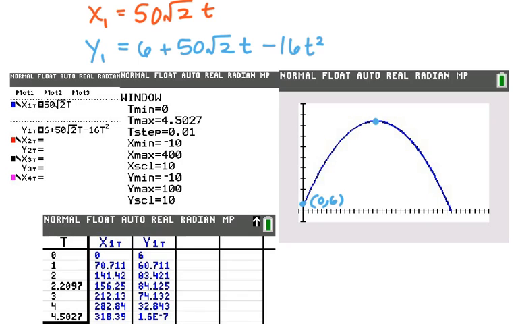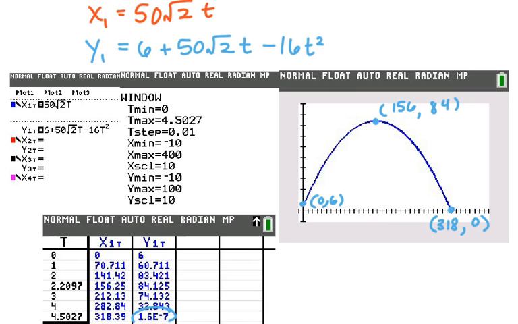So once the ball is at its max height, we know we have traveled roughly 156 feet away, and we are roughly 84 feet above the ground. And then, of course, when we hit the ground at 4.5 seconds, we have a horizontal distance away from where we started of 318, and that y value, even though this says 1.6 times e to the negative 7, represents 0.